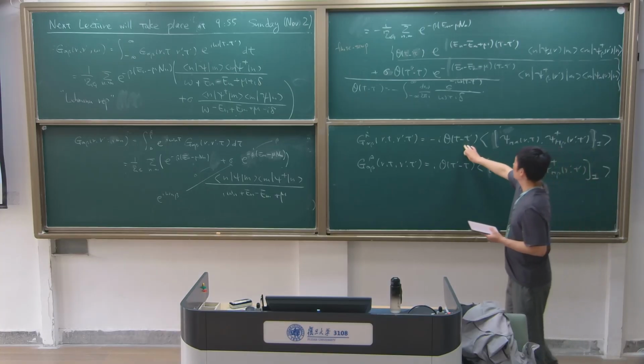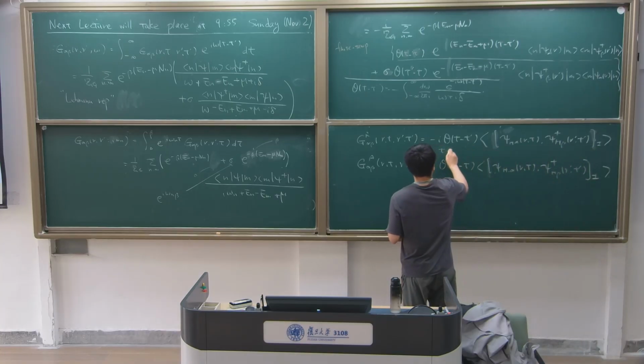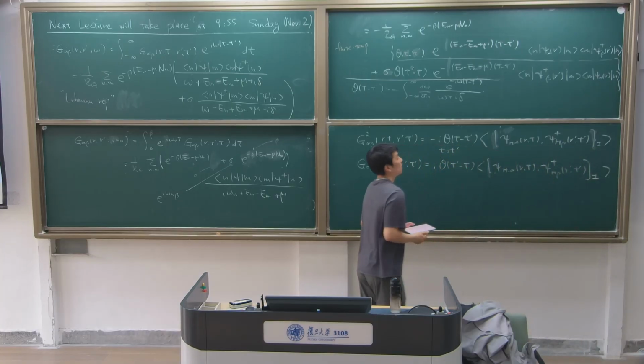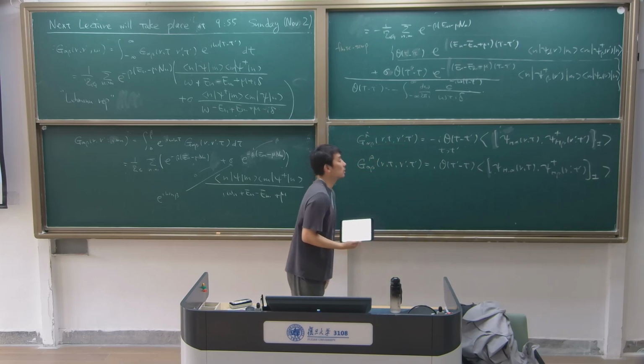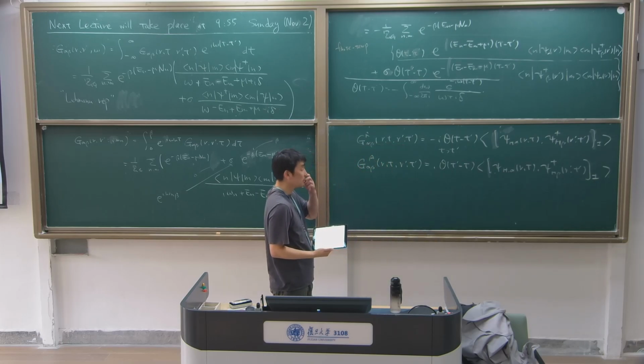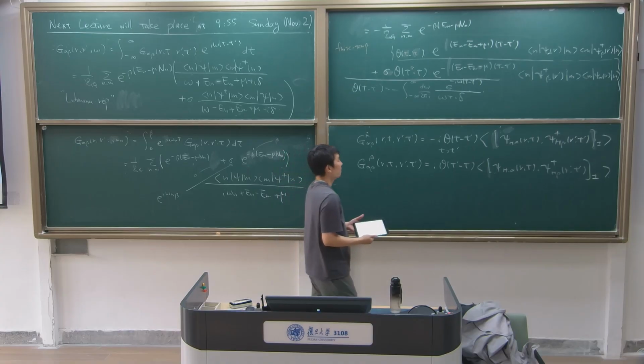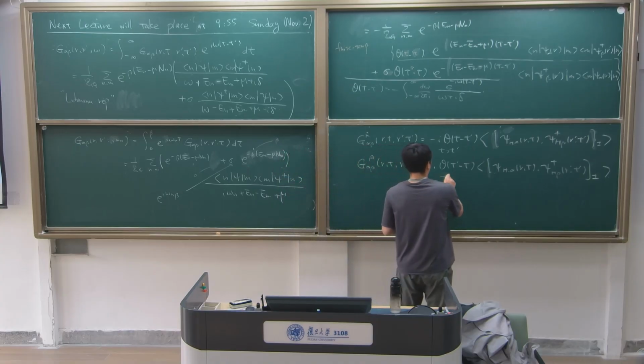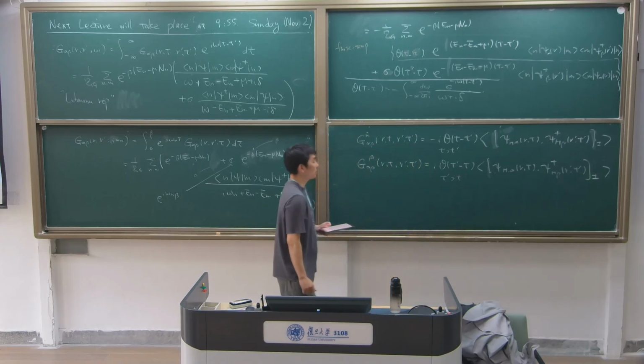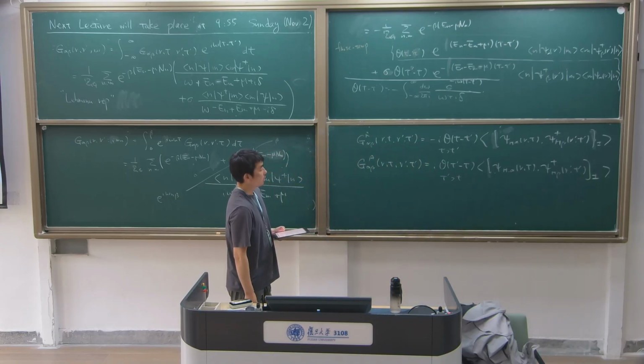So this is retarded because tau has to be greater than tau prime. And then here is tau prime greater than tau for the advanced one.